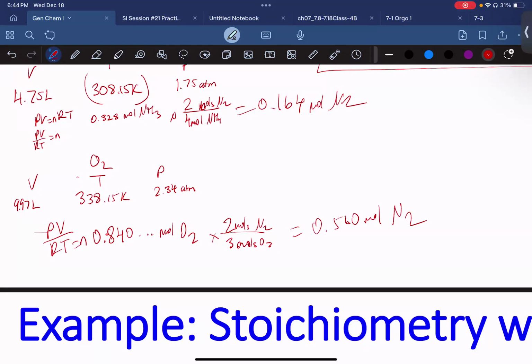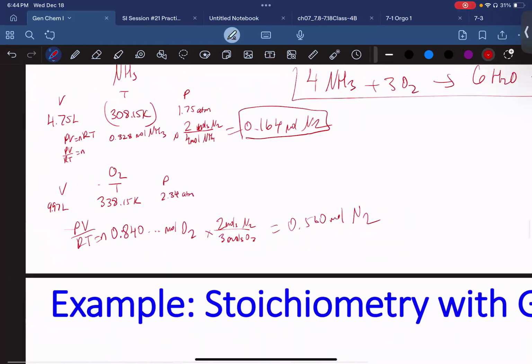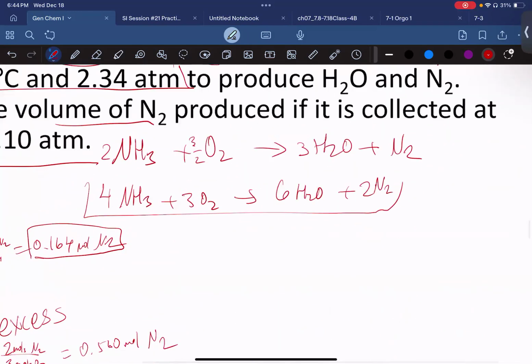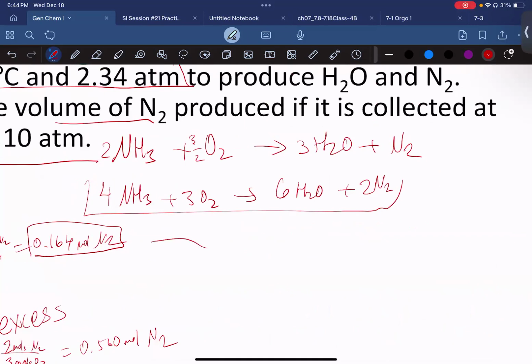And also I'm just saying, I'm using exact numbers. So this is the limiting reagent because this is the lesser amount of product. So this is excess. And so now what we do is we use this value to go to pressure, right?